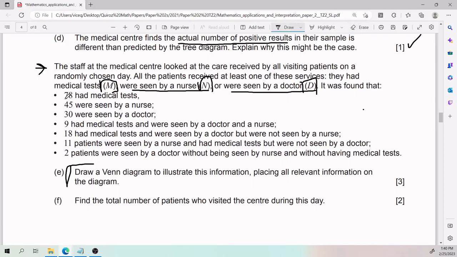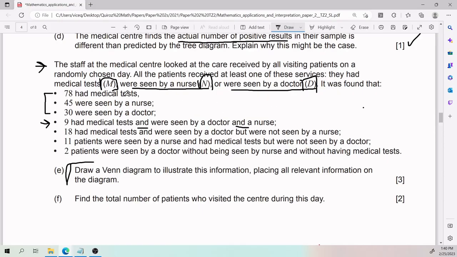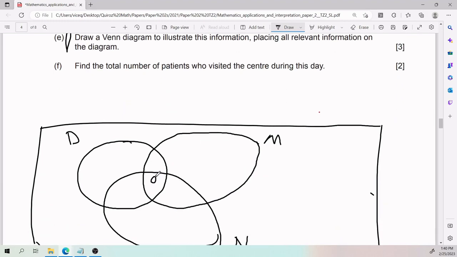See? And so yes, 78 have medical tests, but for now we're going to put these 3 on hold. Okay, it's useful information, but we do not plug it in right away. We had that 9 had medical tests and were seen by a doctor and the nurse. And so there's a lot of ands there. So 9 had medical tests and seen by doctor and the nurse. This is one thing that I can plug in directly. So this 9 can actually go here.